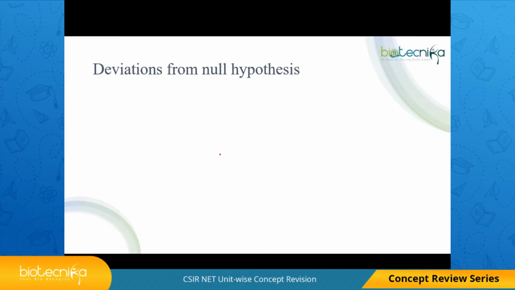But still, Hardy-Weinberg is very important for any kind of population study. Why is that? Because it tells you how much you have deviated from the standard. Hardy-Weinberg is your standard. Okay, and when you deviate from that null hypothesis, it tells you how much you have deviated, and that leads to further studies as to what is the reason for that deviation, whether it is mutation, whether it is migration.